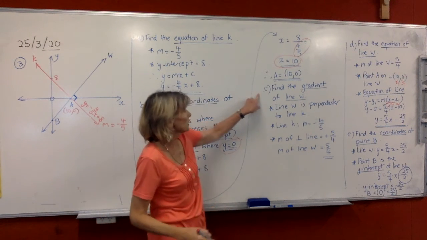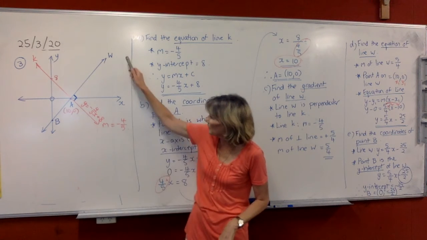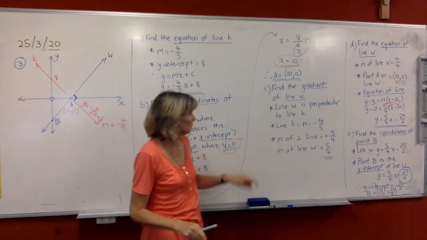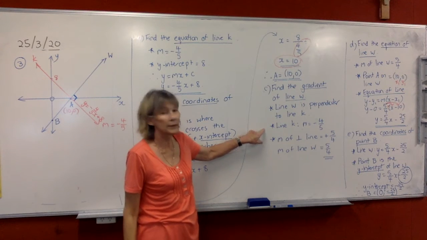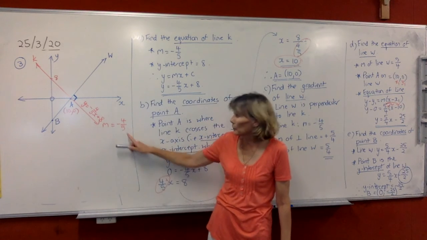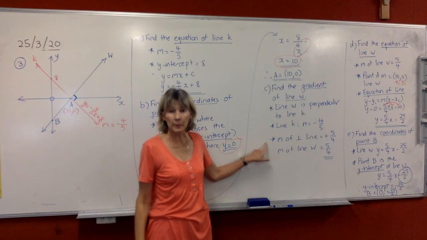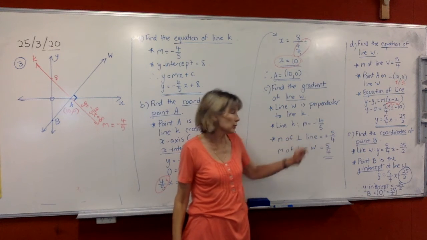Alright, the next question says find the gradient of line W. So what do we know about line W? We know that it's perpendicular to line K. Line K has a gradient of minus 4/5. They gave me that originally. It's over here. So we're going to take that and get the gradient of the perpendicular line, change the sign, and turn that fraction upside down.